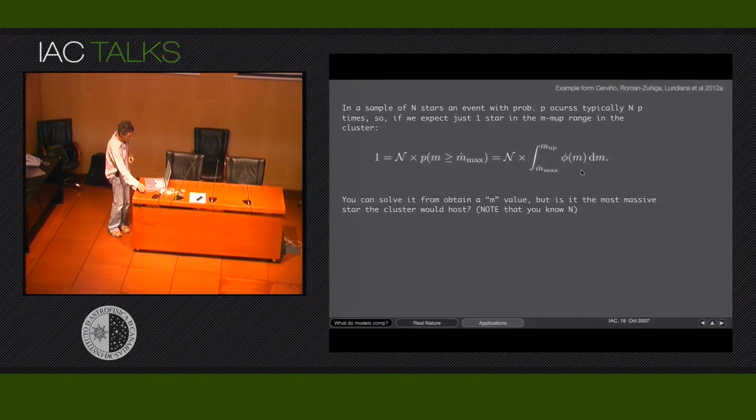You can solve it because you know the number of stars, and you obtain a mass value. Now, what is this value that you have obtained? Is it actually the most massive star that the cluster can host or not?